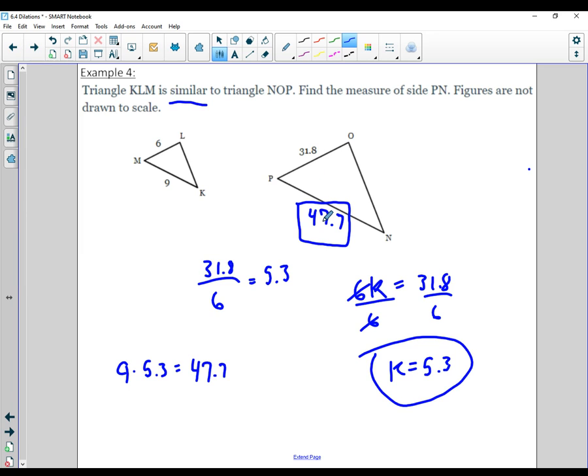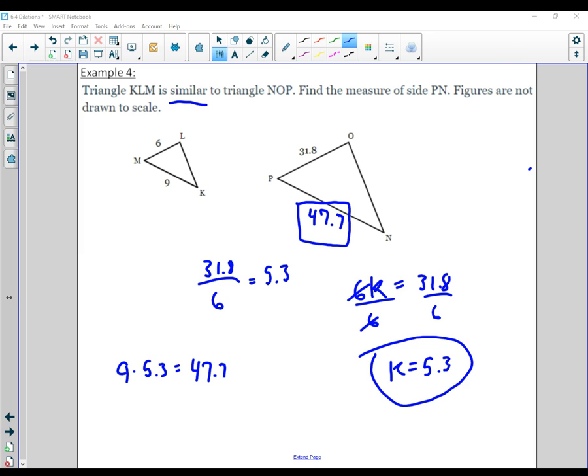And on top of that, if I do 31.8 divided by 47.7, this number divided by this number, and if I do 6 divided by 9, I'll get the same number.